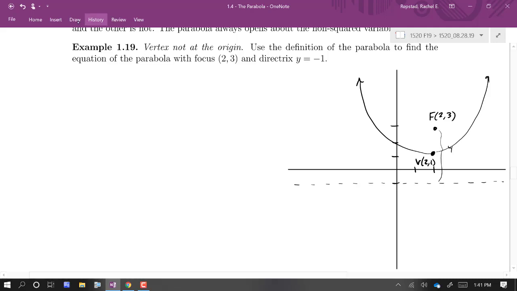So I'm going to pick an arbitrary point on the curve. Call that x, y. I know that this distance is going to be the same as that distance. Maybe it's not the most accurate graph because those distances don't look the same, but mathematically they're the same. Magic.